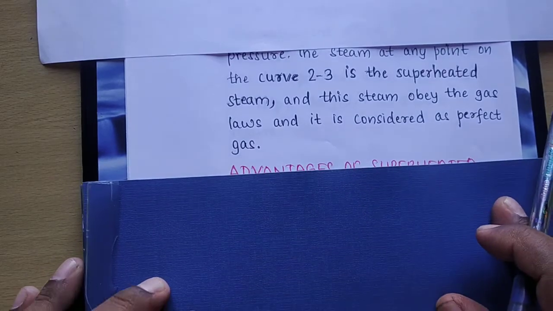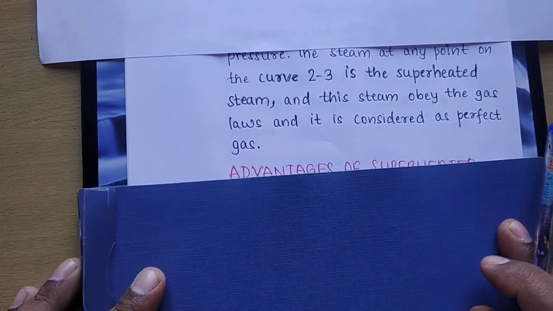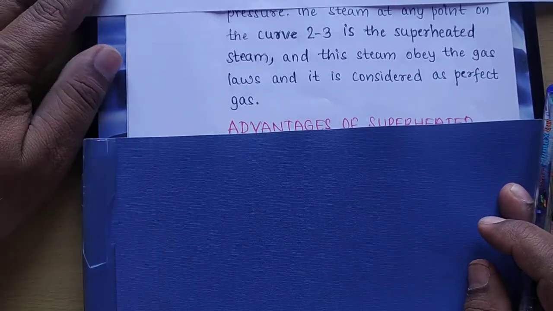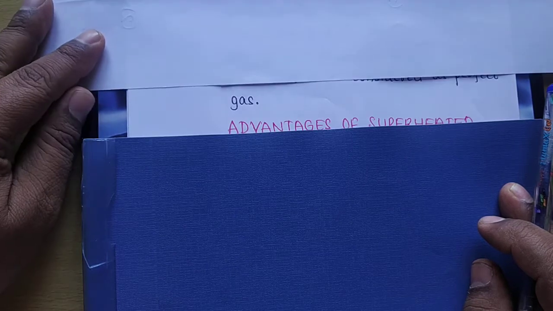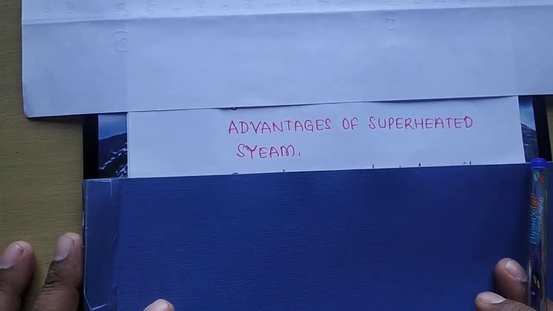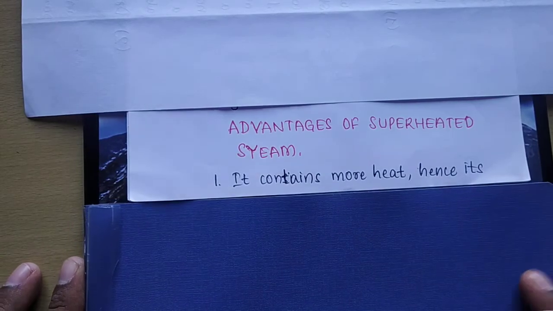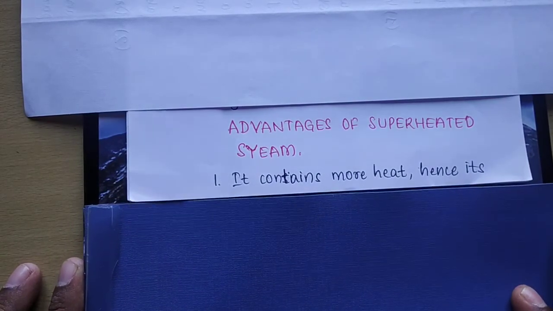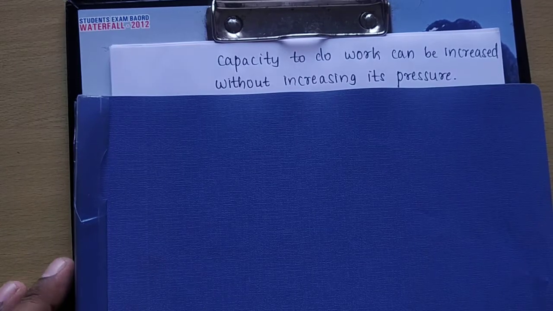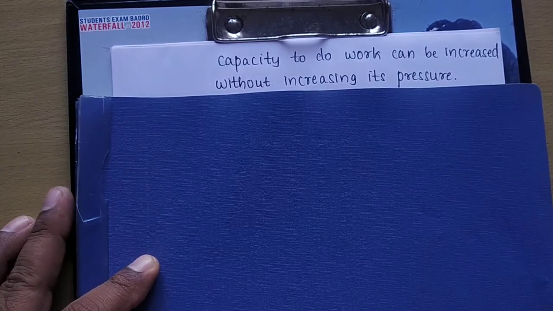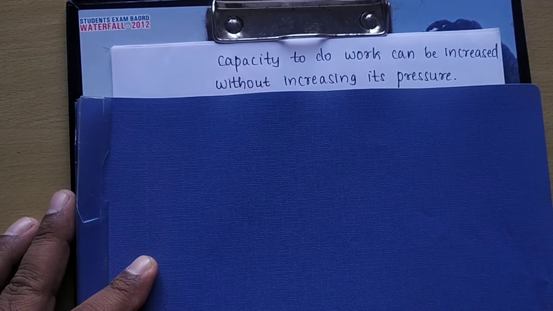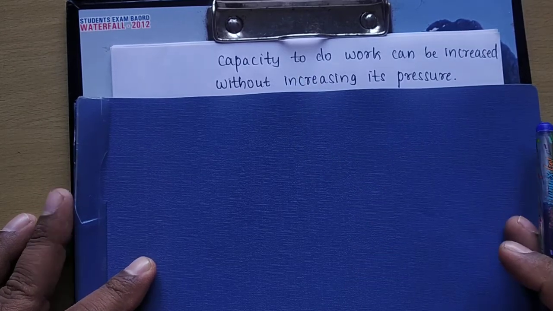Then let us see the advantages of superheated steam. Why do we have to use superheated steam? First, it contains more heat and hence its capacity to do work can be increased without increasing its pressure. So you can get more work done from this steam.